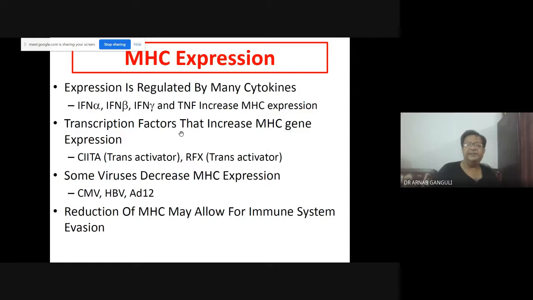Then there are transcription factors that also increase MHC gene expression. Examples are CIITA, a trans activator, or RFX. A trans activator is expressed from another gene, coming from another place and binding. Cis means side by side, trans means from another place.